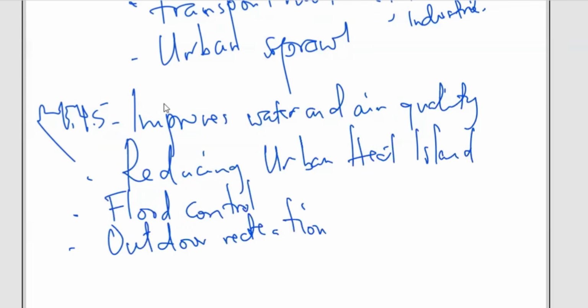And also we can talk of biodiversity. Right, those are some of the reasons that you can use to justify the importance of green belts in urban areas.